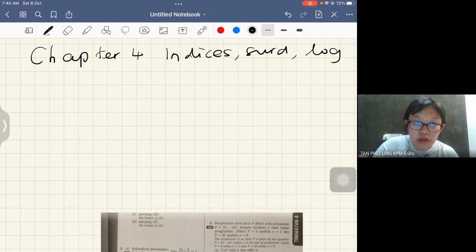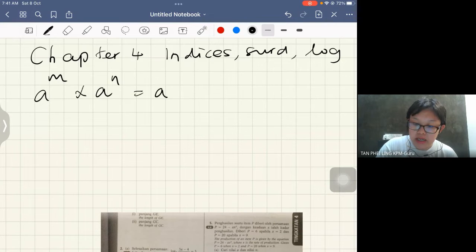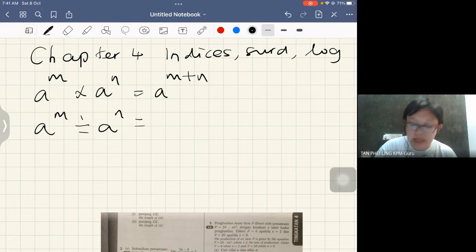So, for the laws of indices, you have a power m times a power n, so we will be getting a power m plus n. That's the first law. For the second law, you have a power m divided by a power n, so we're going to get a power m minus n.